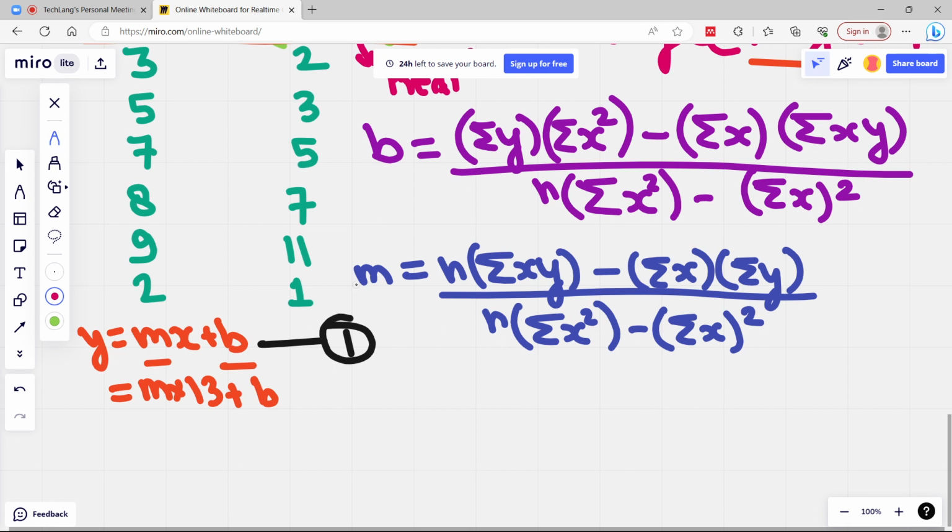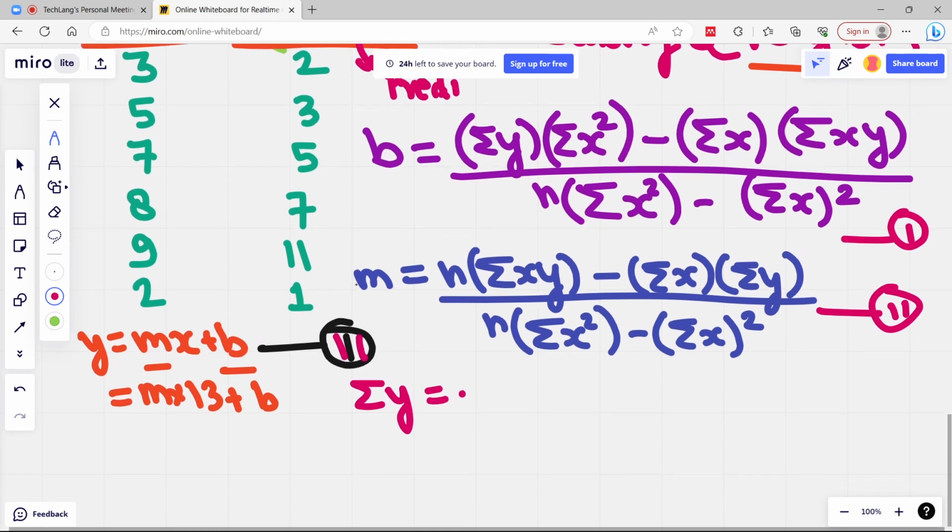Let me zoom in on this formula. This is equation number 1, this is equation number 2, and this is equation number 3. When we go for the summation of y, this summation of y would be 2 plus 3 plus 5 plus 7 plus 11 plus so on.